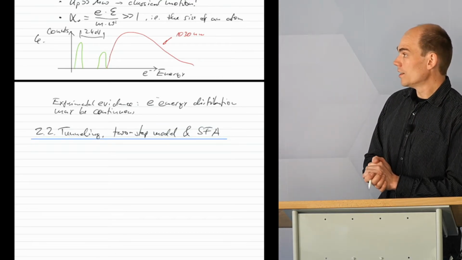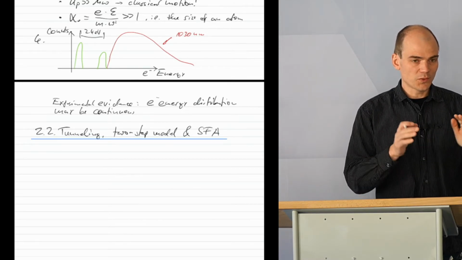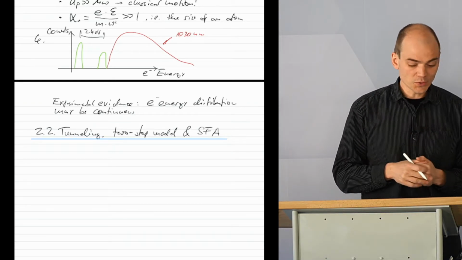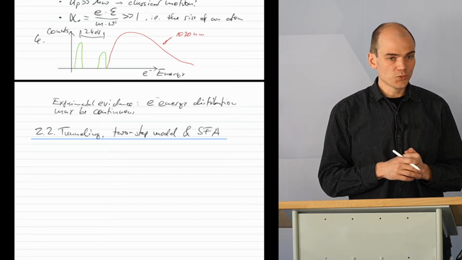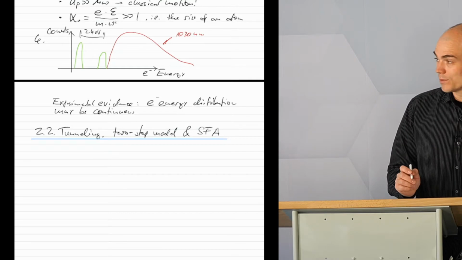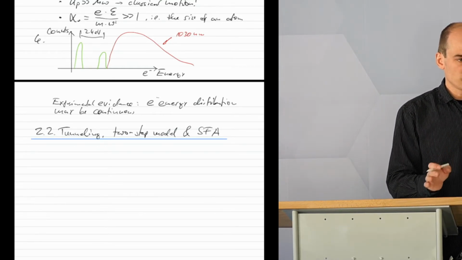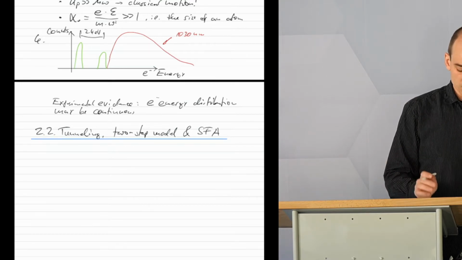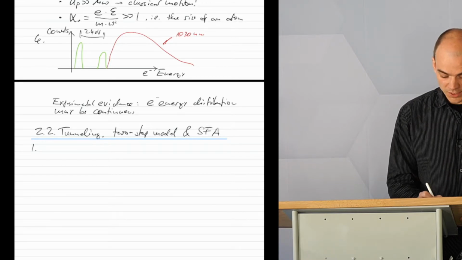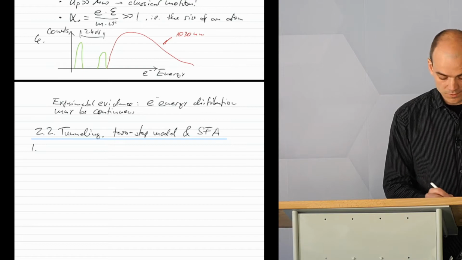Instead of thinking of this energy diagram as we did in the first lecture when we introduced multiphoton ionization, we will now use a completely classical picture of an atom. And of course, this classical picture is a Coulomb potential. Think of a hydrogen atom that's just one proton and one electron, and the potential is a Coulomb potential in which the electron is bound.